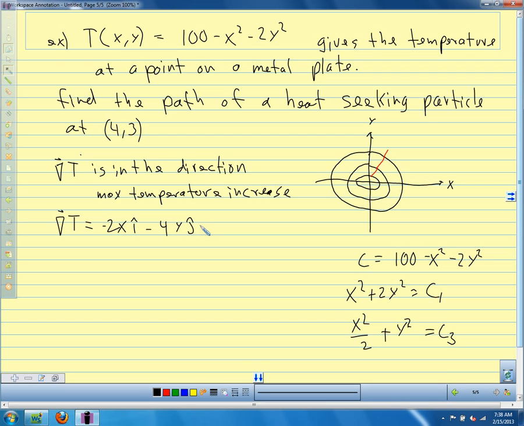We want the path. If we're talking about the path, we're talking about some position vector. So let's say r of t, our position vector, our position as a function of time, is just some function x of t i plus y of t j. So this is our position vector.